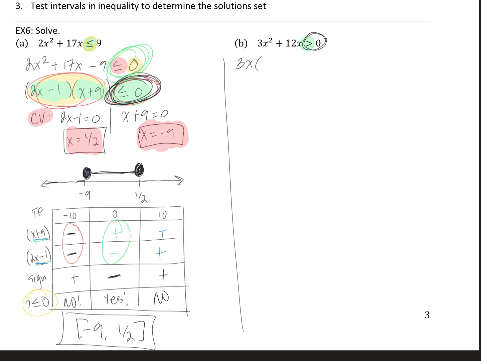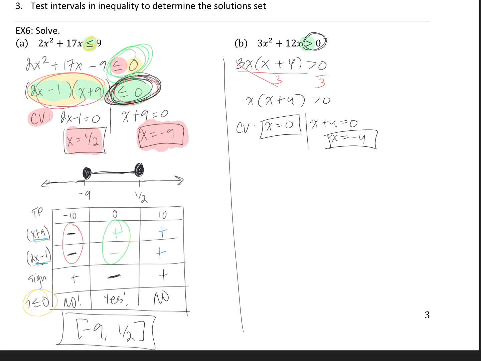We can take out 3x, so what's left is x plus 4 greater than 0. Let's go ahead and divide by 3. That won't change my sign because it's a positive. So now my critical values are going to be x equals 0 and x plus 4 equals 0, which is x equals -4.